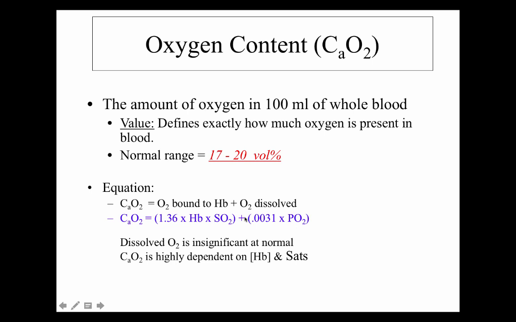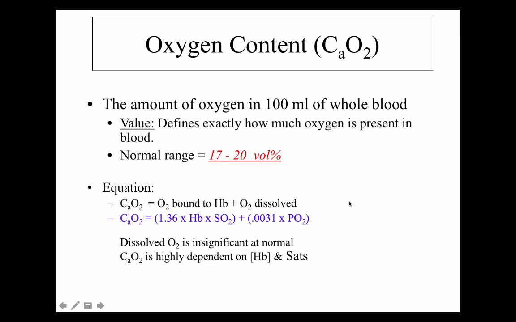Now we have to add the dissolved content, and that is 0.0031 times the PO2. So you can see that the dissolved portion of oxygen is much, much less than what we're going to find in the bound. Dissolved oxygen is oftentimes viewed as insignificant. Some people will take this right off the oxygen content.